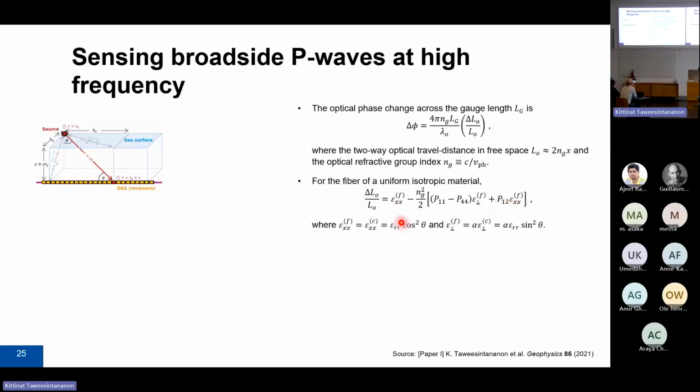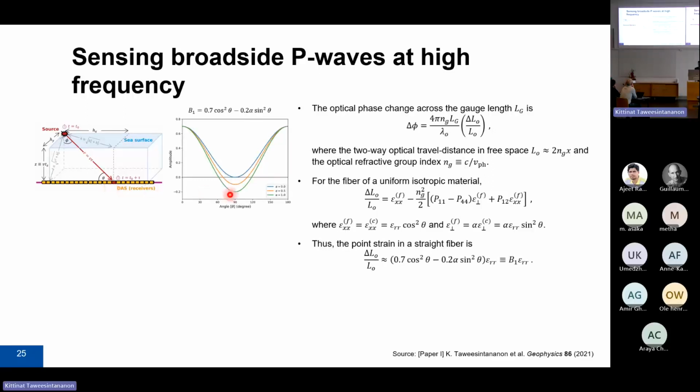But I would like to note that this formula indicates that both the longitudinal strain of the fiber and the transverse strain of the fiber have some impact on this optical strain. So that means if the wave shaking induces vibration in the fiber, wave propagation in both the parallel and perpendicular directions of the fiber should have impact in the DAS data.